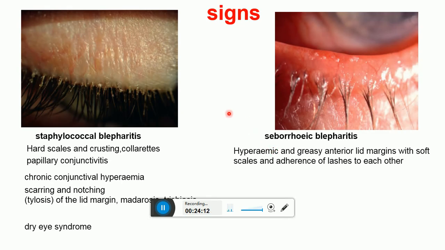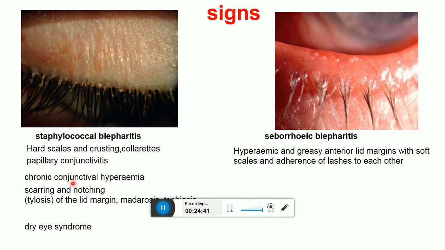The signs of staphylococcal blepharitis and seborrheic. In staphylococcal blepharitis, there are hard scales and crusting, as you can see, mainly located at the base of the lash. There are collarettes, which are cylindrical collections around lash bases.